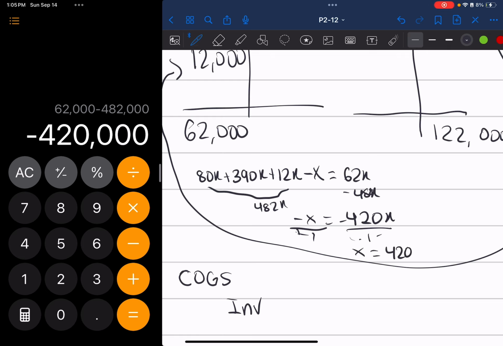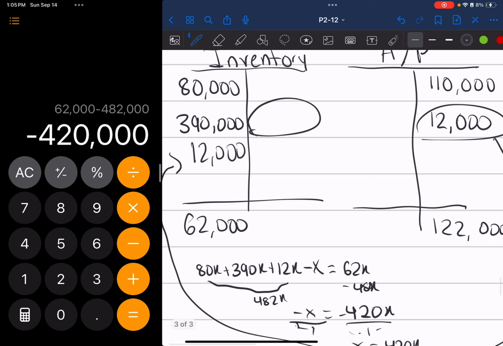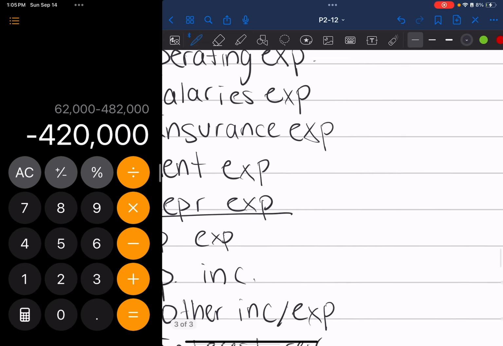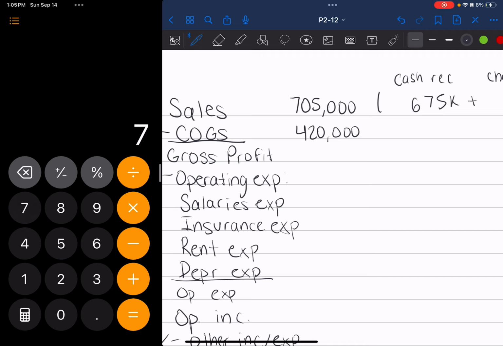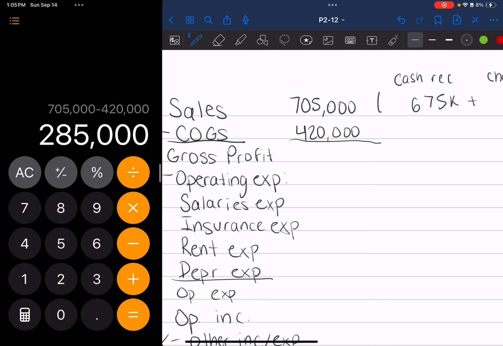So 420,000 represents cost of goods sold. So 705,000 minus 420,000 gives us 285,000 of gross profit.